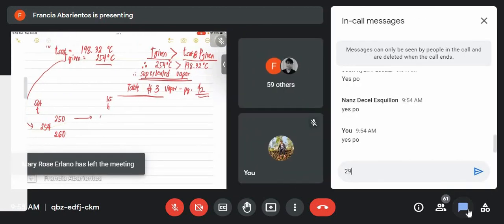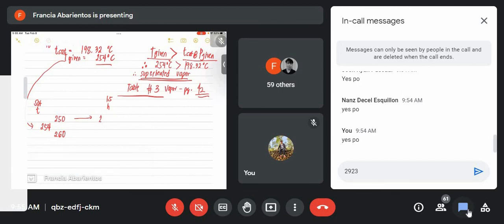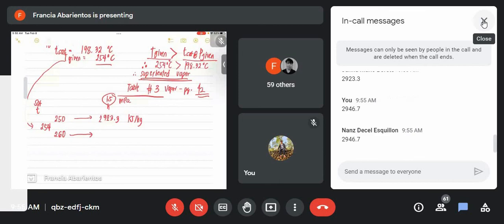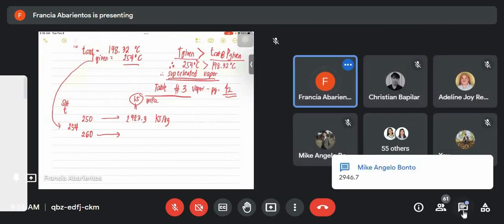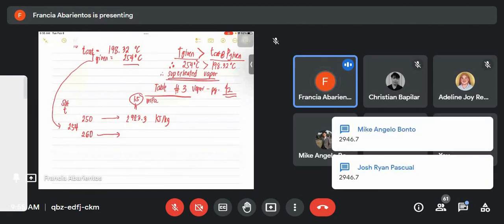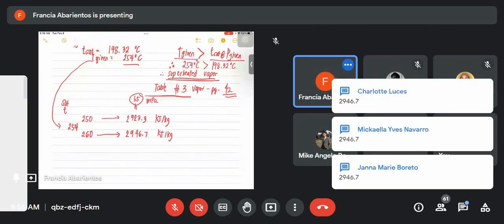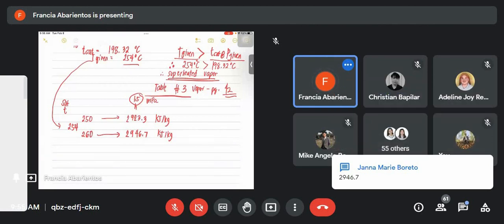We have 2923.3 kilojoules per kilogram at 250, and at 260 and 1.5 megapascals, 2946.7 kilojoules per kilogram. You now know how to read the steam table.